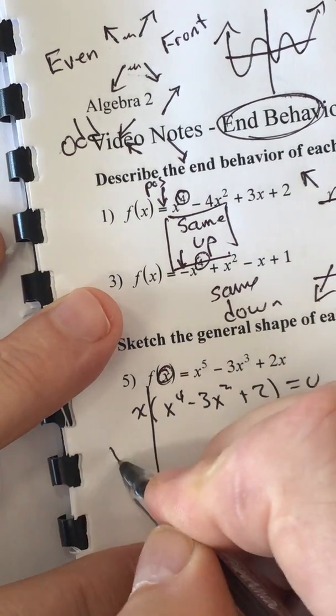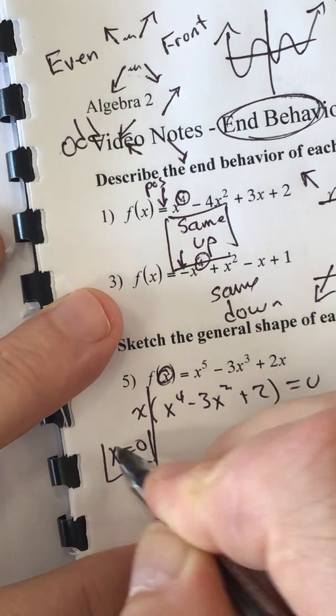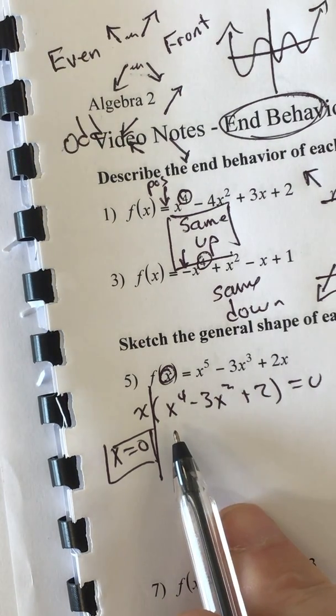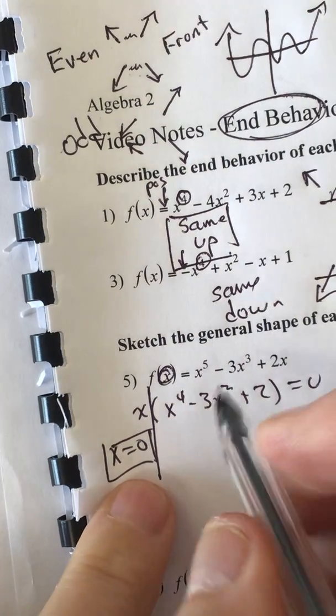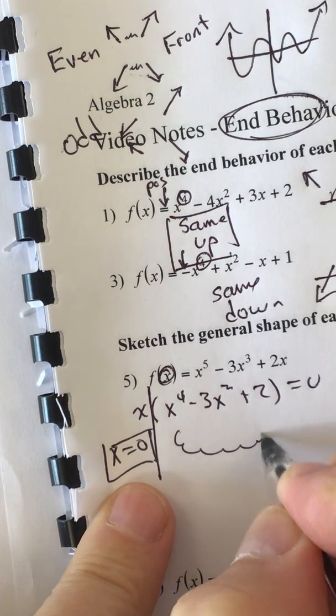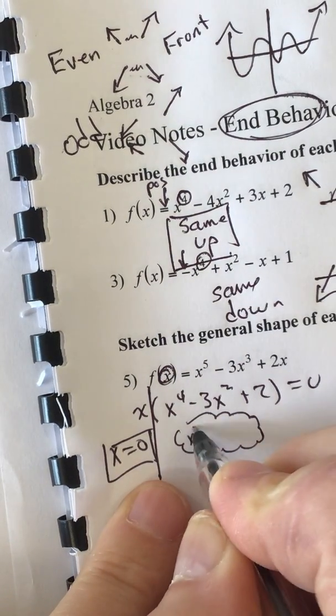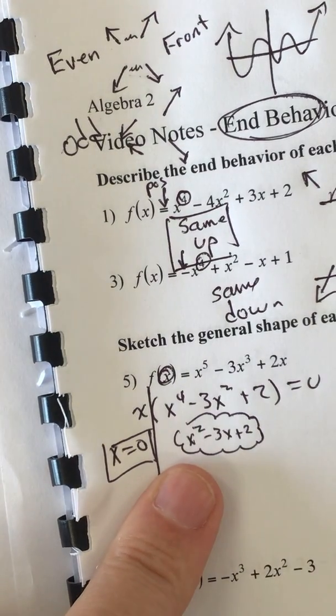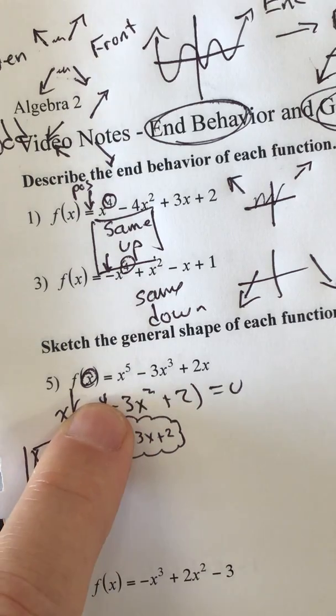Here's one of them. It's going to cross at 0. Let's see. I can think of this as x to the 2nd minus 3x plus 2, because this is a quadratic.